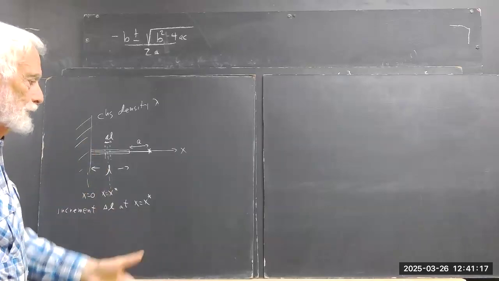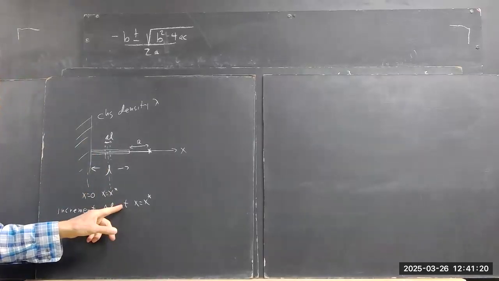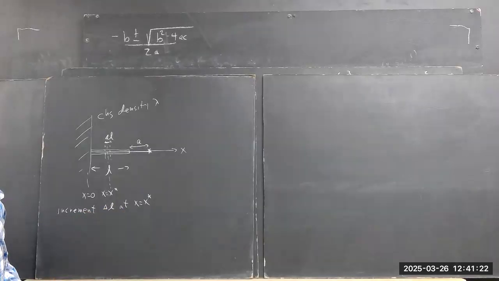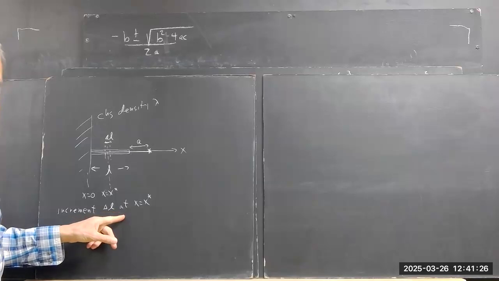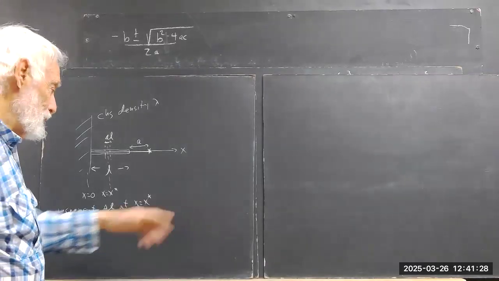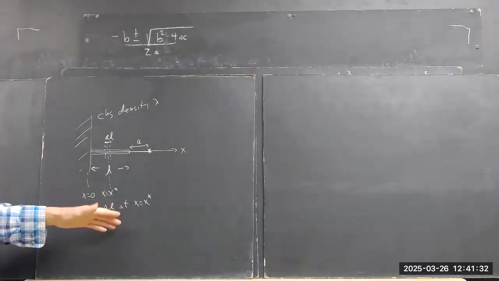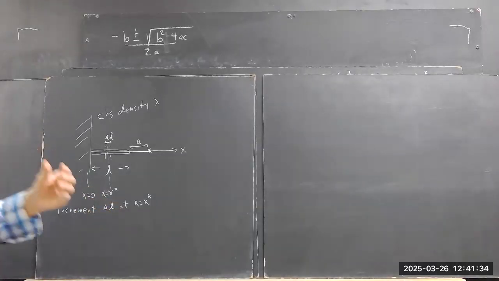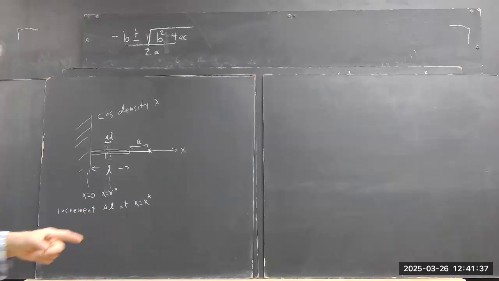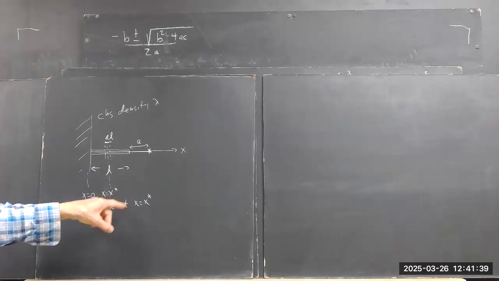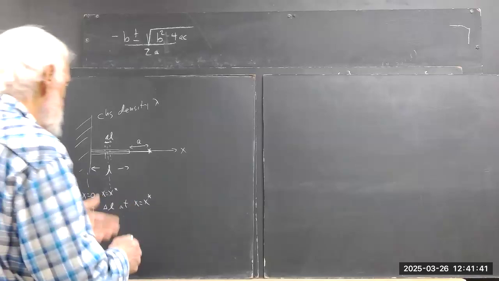I could say around x equals x star, but at is a shorter word, it takes less time to write and less time to say, so I'm going to use at. You'll hear that. It's not quite precisely correct, but everybody knows what it means. And now you do too. Okay, so increment delta L at x equals x star. What do we know about it?